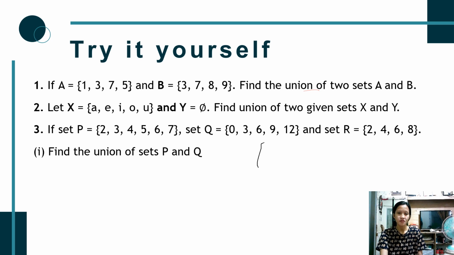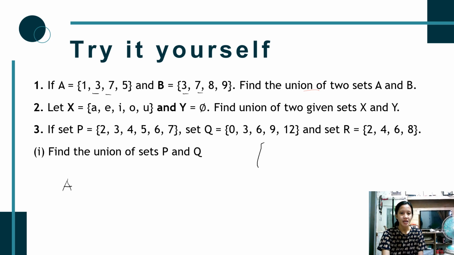Again, you can pause the video and try it yourself. For letter A, if we write all these sets, there are repeated elements, which are 3 and 7. So we will write 3 and 7 once only.